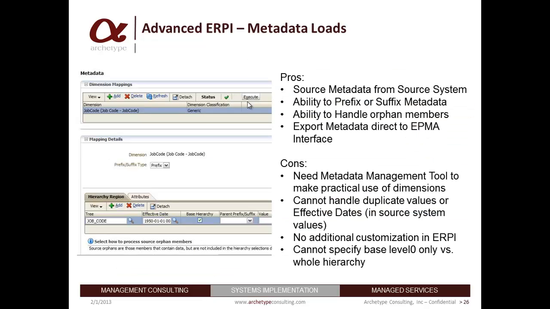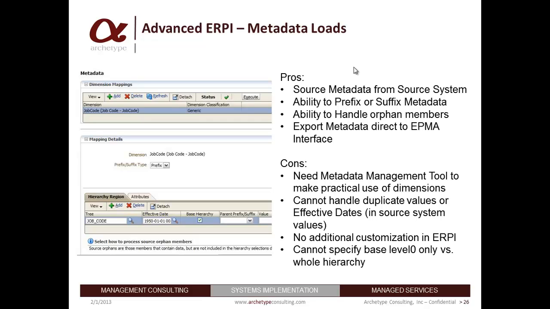Here's a screen on the metadata loads in ERPI, and I put this under the advanced features because it's not something that would normally be used all the time. Some of the pros are that you can actually pull an accounts dimension or a department dimension from your source system. For example, at Condé Nast we had Planning, we had ERPI, and we had EPMA.